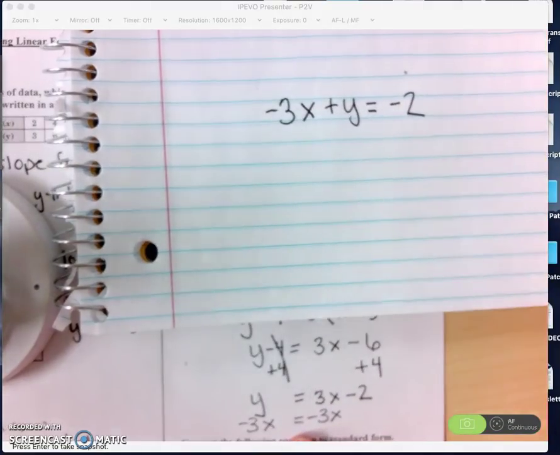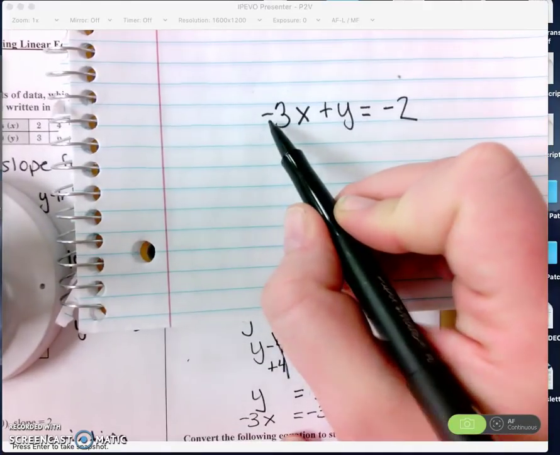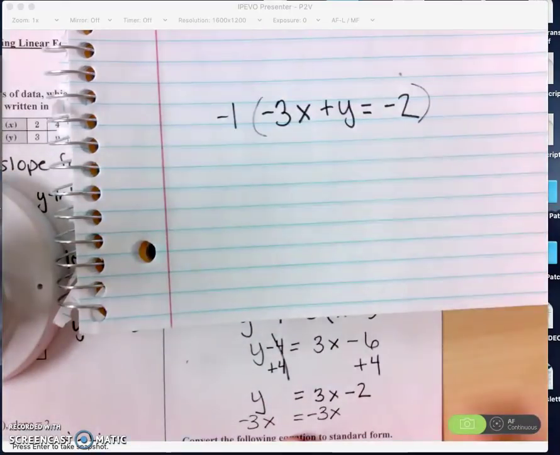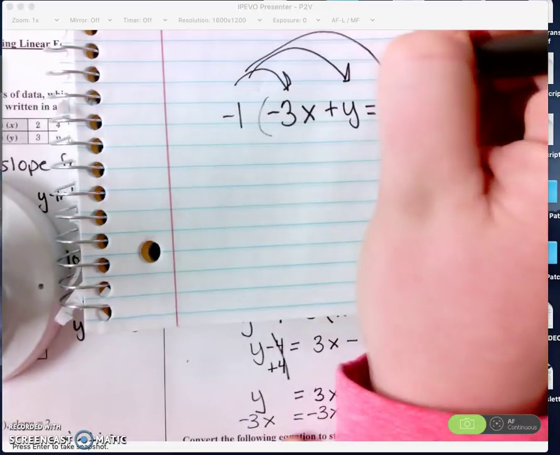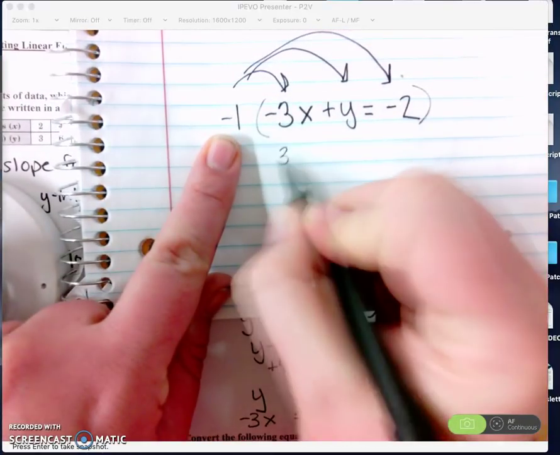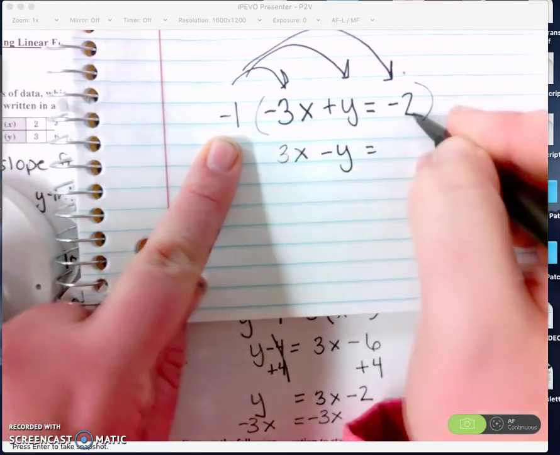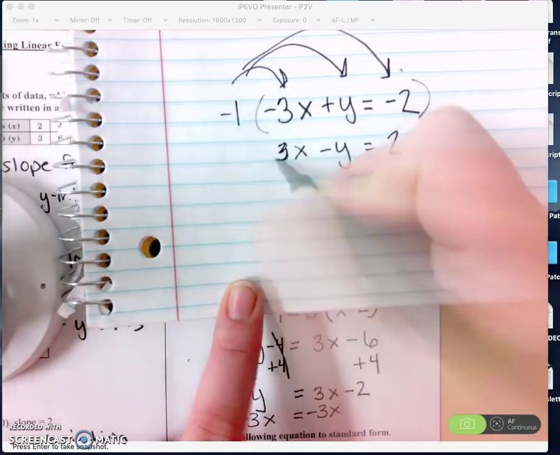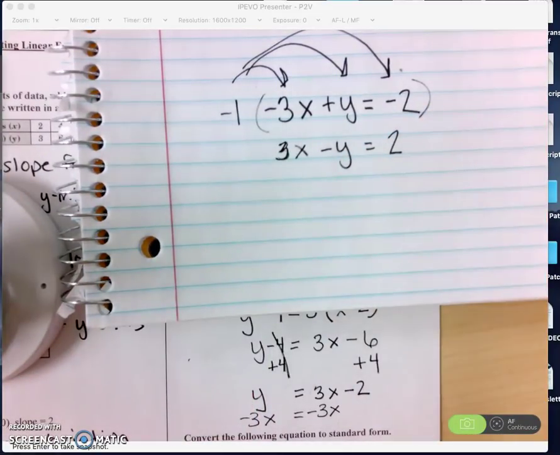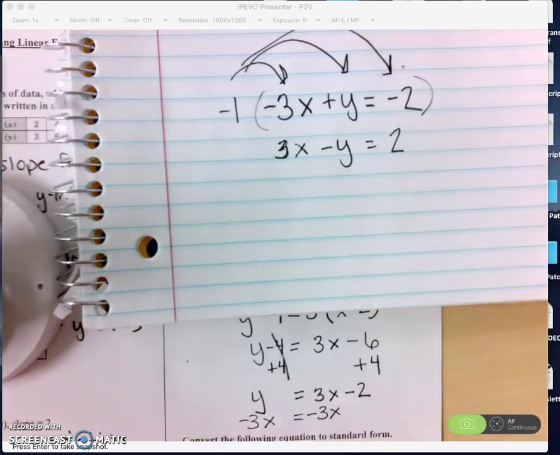And if you look, this x is negative. Remember, I do not want that x to be negative. So I'm going to multiply everything by negative 1, so that this will become a positive 3x, this will become a negative y, and this would become a positive 2. I know in my class at least we talked about, well, why switch them? Because this way is harder than the way I'm going to show you now.